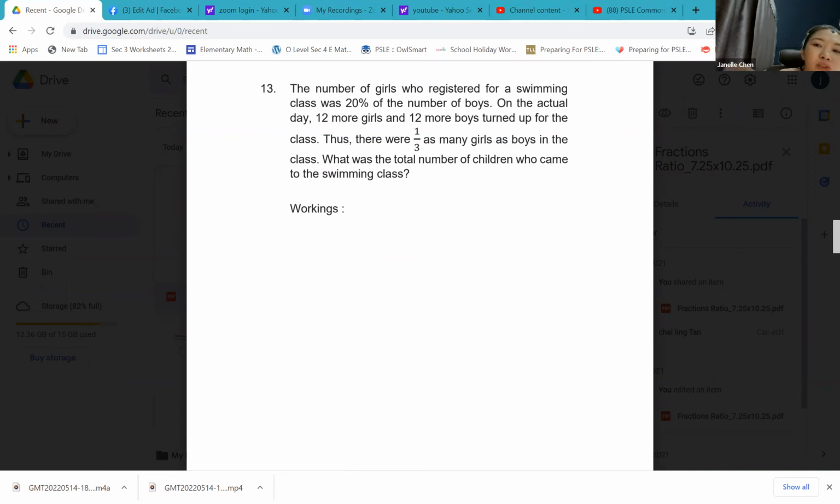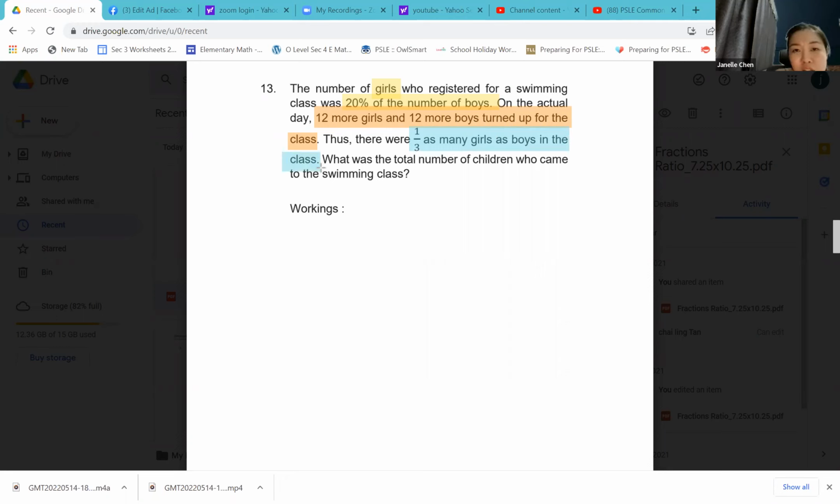So this is like the first trap. I'll explain later why it is a trap. Girl, 20% of boys. And then second one, note that 12 more girls and 12 more boys turn out for the class. Then we have a second set here, which is 1/3 as many girls as boys in the class. So basically we have a before and after question.